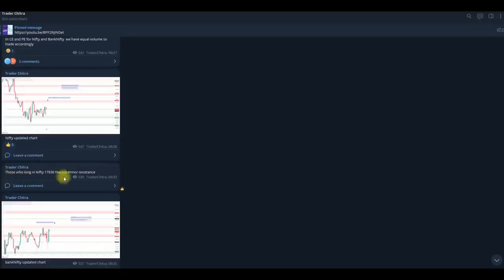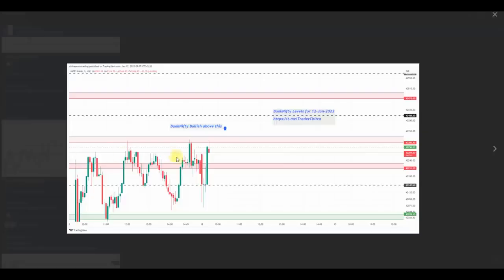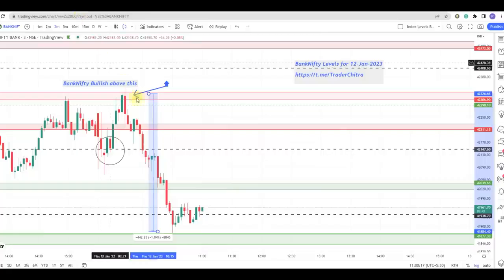I updated in my Telegram channel that for those who are long in Nifty, 17,1936 is a minor resistance, and after that Nifty was not able to break that level. After that you can see there is a 100 plus points downfall. I mentioned Bank Nifty is only bullish above 42,306. And you can see that Bank Nifty also gave a downfall of 400 plus points.